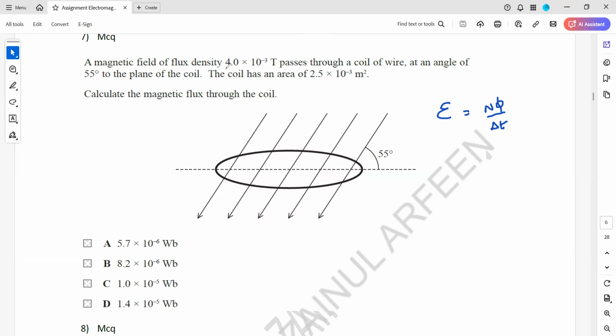The magnetic flux density B is given at an angle of 55, theta is shown here. The coil has an area of 2.5. What is the magnetic flux? So what is magnetic flux? Phi is equal to B A cosine theta. Because this will be the area vector, this will also be 55.